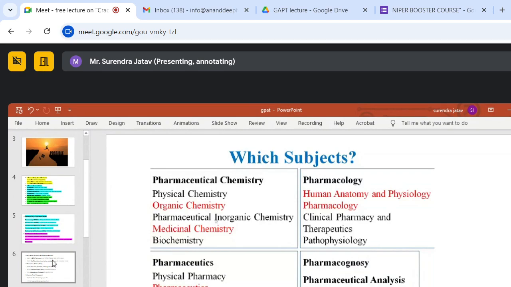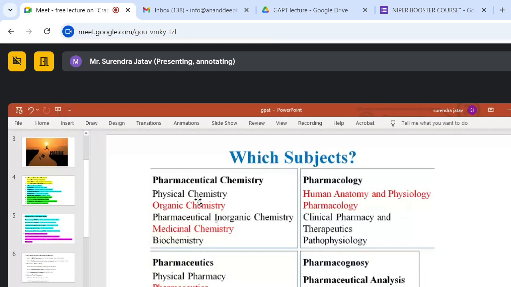So these are scoring subjects. And in this corner, if you see, biotechnology, microbiology, pharmaceutical analysis. So these are sub-subjects. Subject means pharmaceutical chemistry, a core subject.